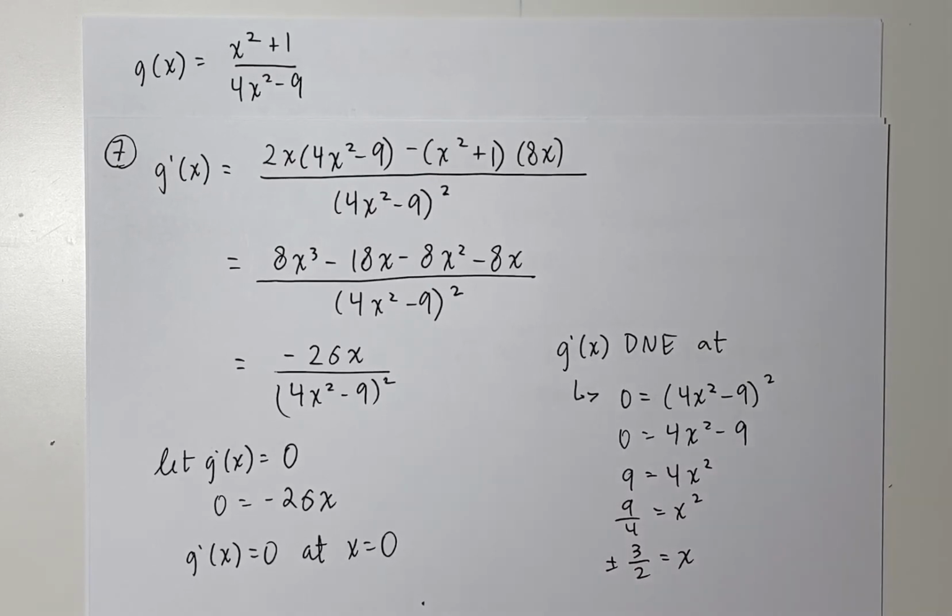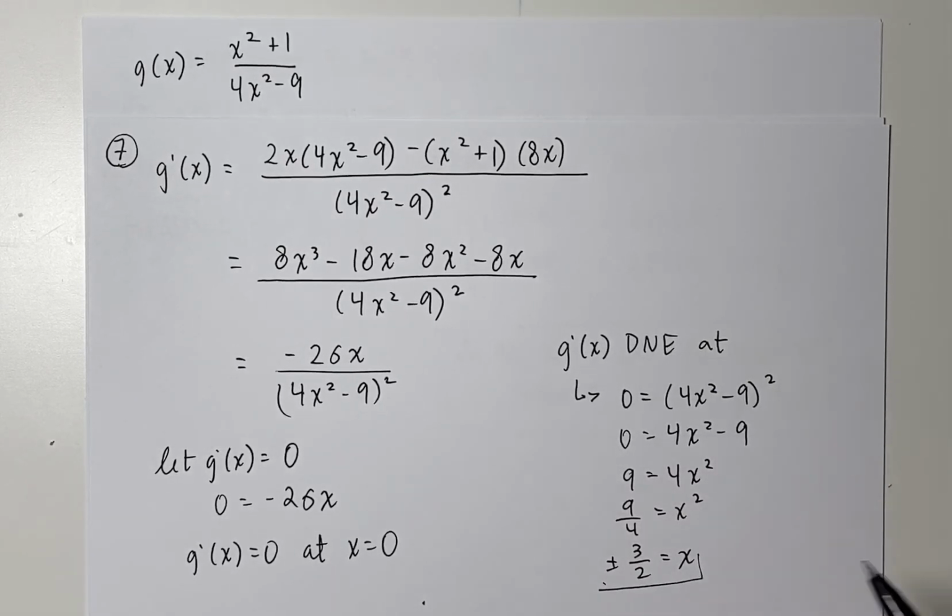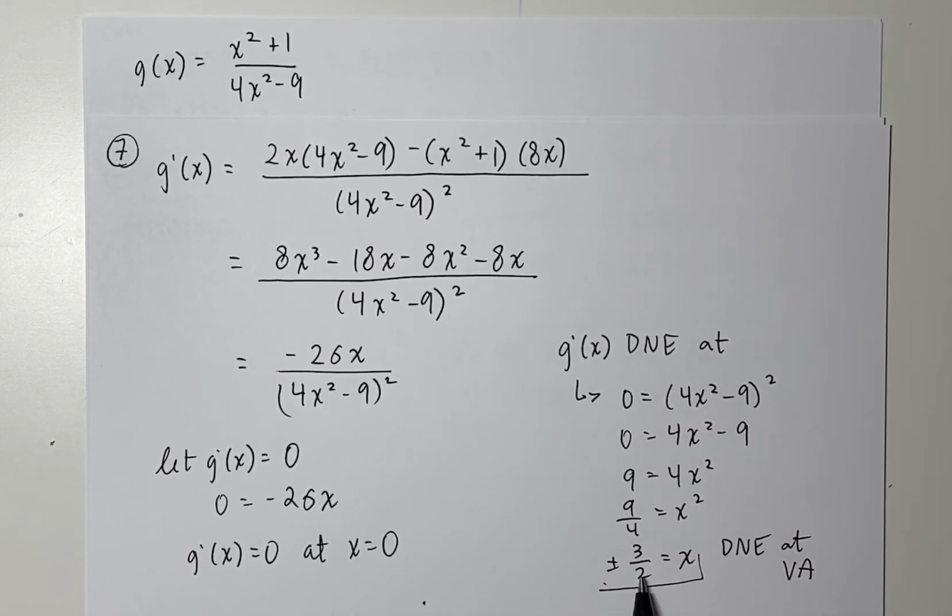And as you can tell, here it does not exist at positive and negative 3 over 2, which was our vertical asymptote. However, we're still going to include this as one of our critical numbers.